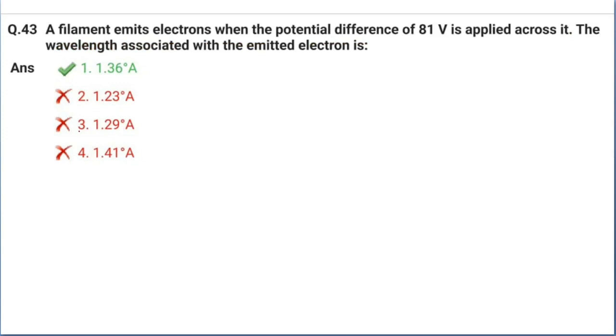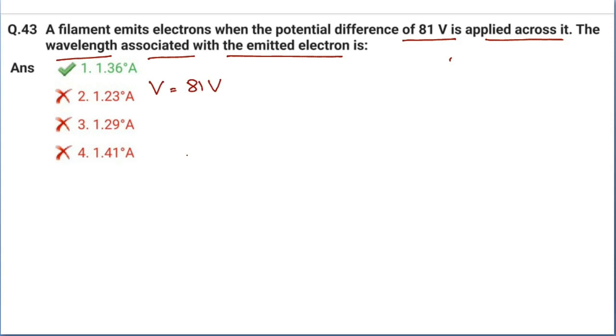Question number 43. A filament emits electrons when a potential difference of 81 volt is applied across it. The wavelength associated with the emitted electron is. The filament emits electrons and the potential difference V is given as 81 volt.